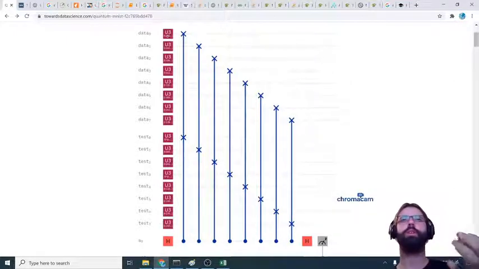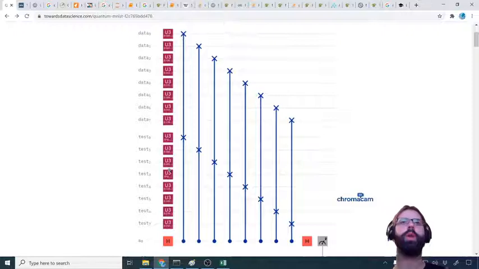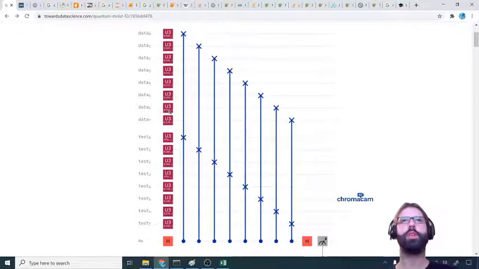If you are using the same gates here for the data register and for the test register, the U3 gate, the RY gate, whatever you want, the same gate, and the parameters you're using are the same, this is the only setup where you would have the same vectors, or high dimensional vectors, right?